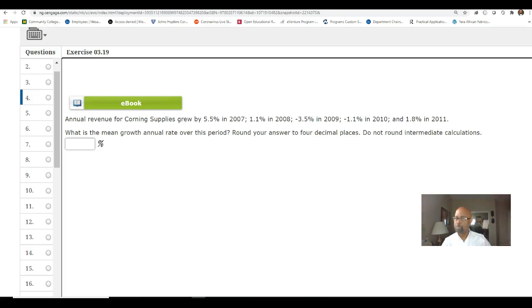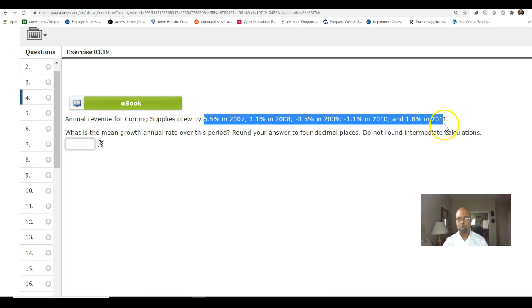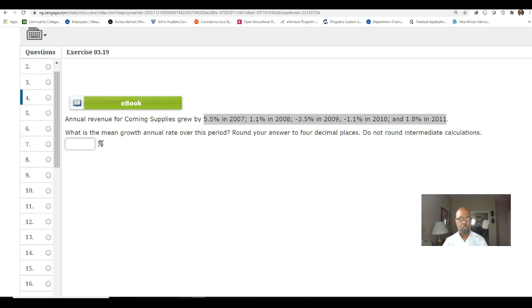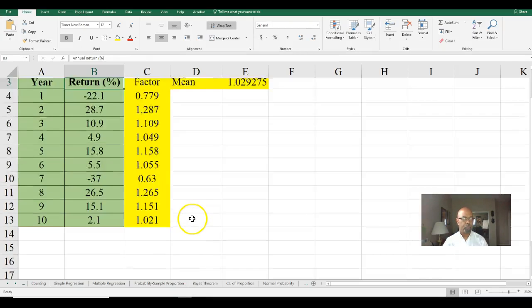So now we know it's a geometric mean problem, we're going to use our statistical toolkit in order to solve this problem. The first thing I'm going to do is simply copy the information directly from the problem. You could obviously just write this information down manually, but I'm going to copy it and paste it into my spreadsheet that I'm going to use to solve the problem.